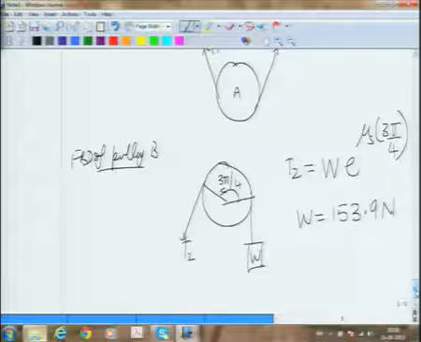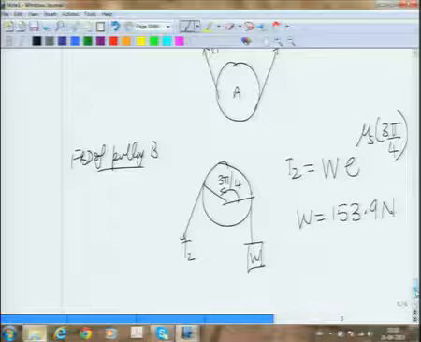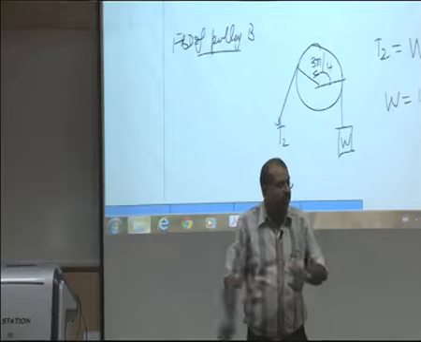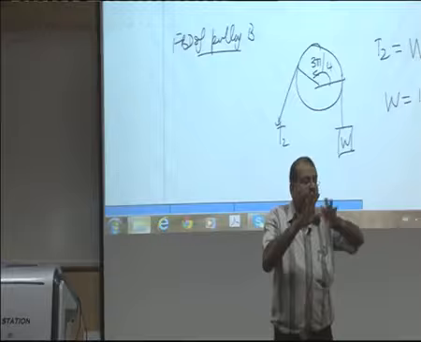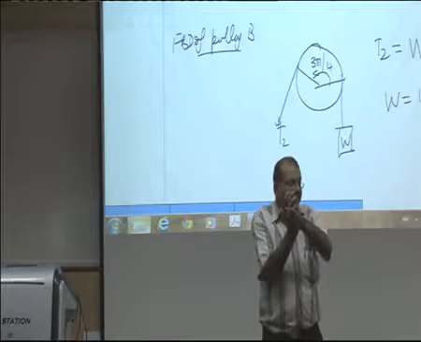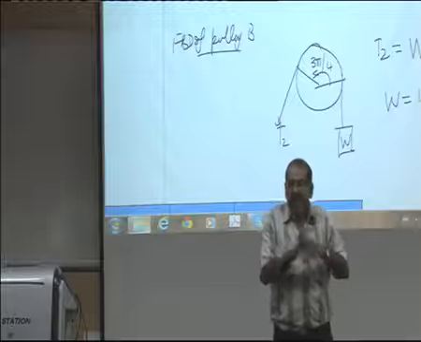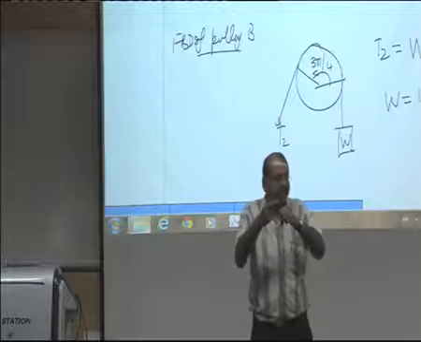So this is how we look at this problem. Now let's talk of another type of problem. There was one more class of problems I did last time, an example where there were two contacts on a cylinder, and the limiting case has to be applied on either one of them.